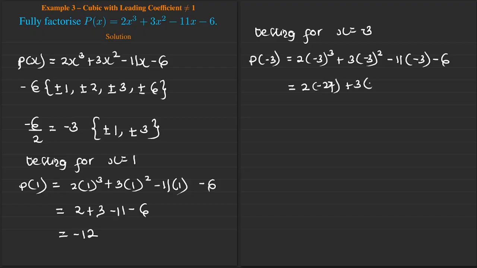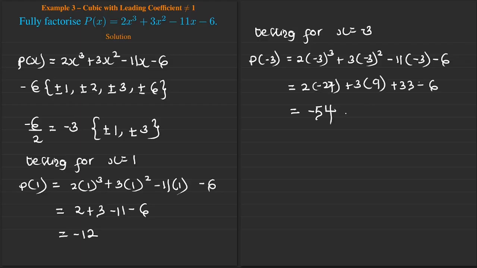Then plus 3 into bracket negative 3 squared gives us a 9. Then negative 11 times negative 3 gives us a positive 33. Then minus our 6. Simplifying further, we have 2 times 27. That gives us a negative 54 because of the negative we have here.